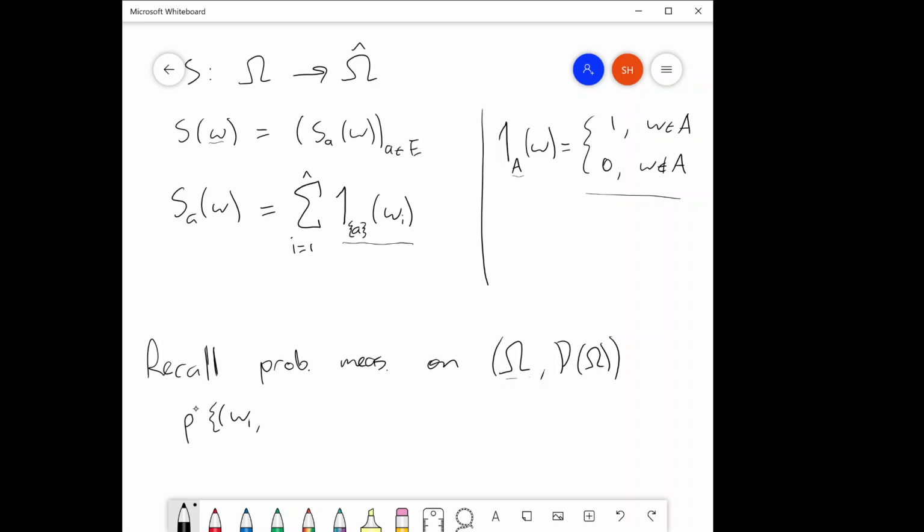I'm going to use this notation, which I forgot to introduce last time, of a singleton.